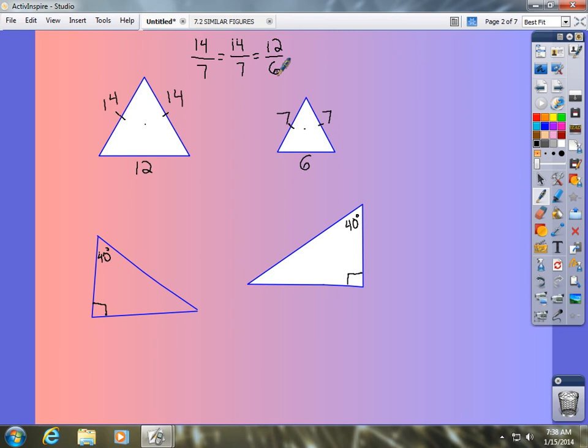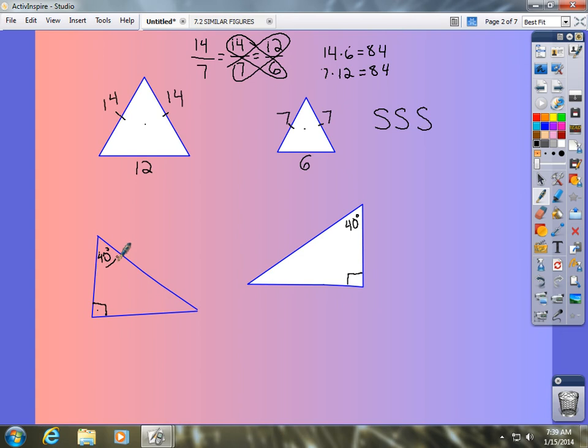All of these are equal if we do our cross multiplication: 14 times 6 and 7 times 12 should give the same number. 14 times 6 is 84, and 7 times 12 is 84. So they are proportional, which makes this the side-side-side similarity.